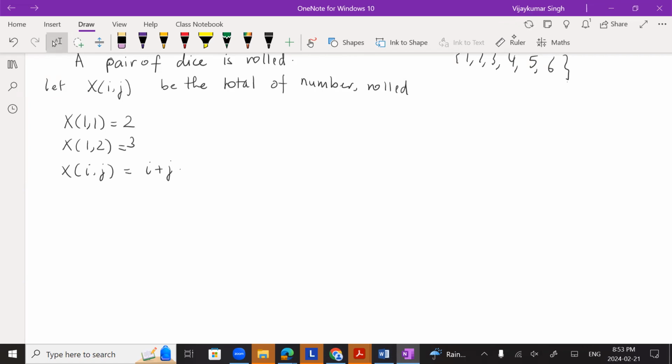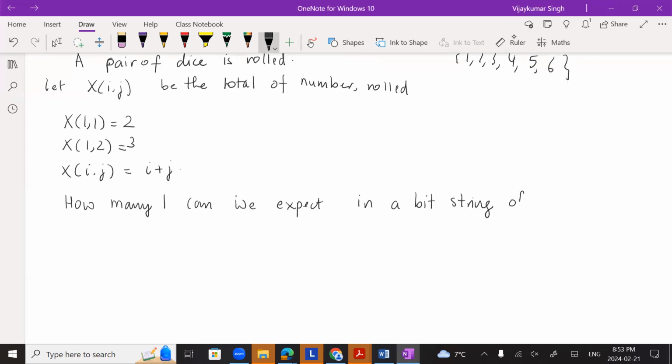So now let's ask the following question: how many ones can we expect in a bit string of length 100?